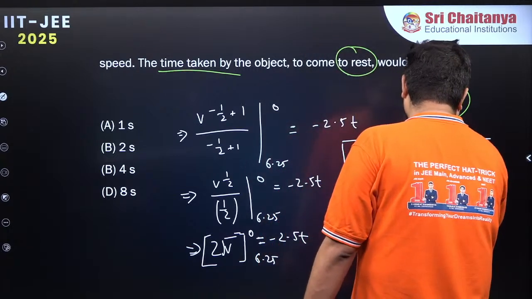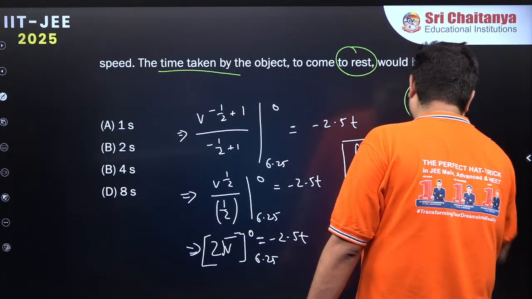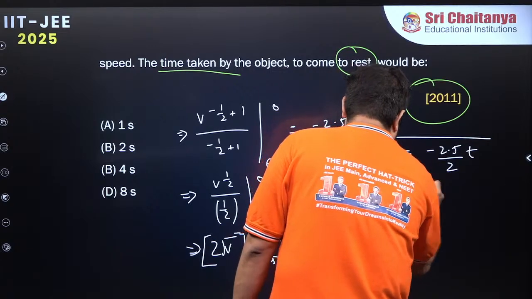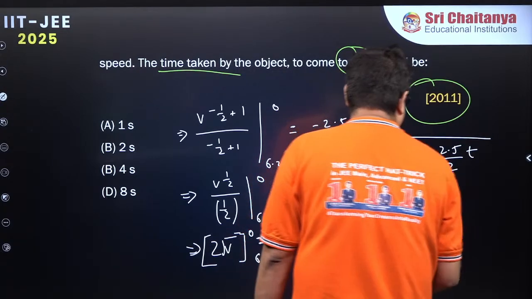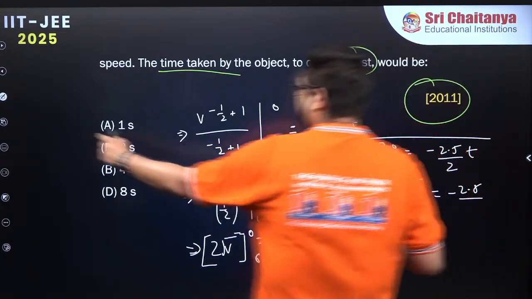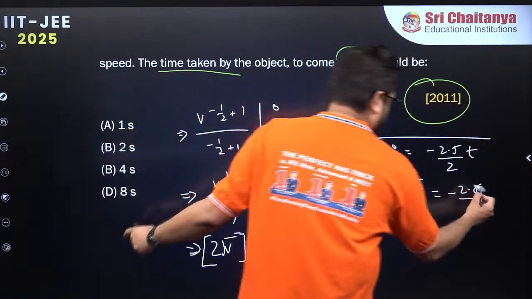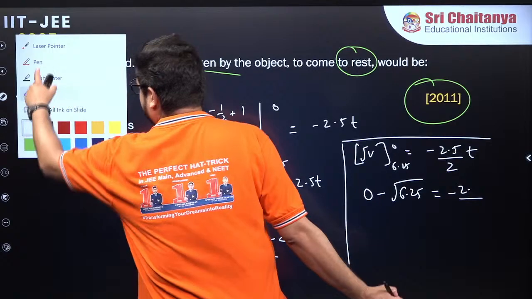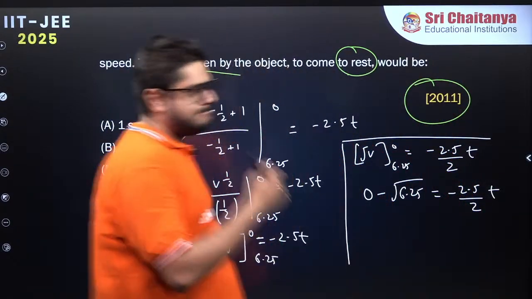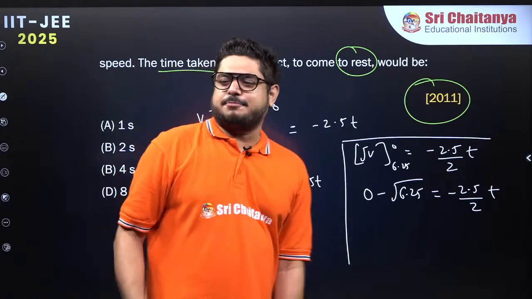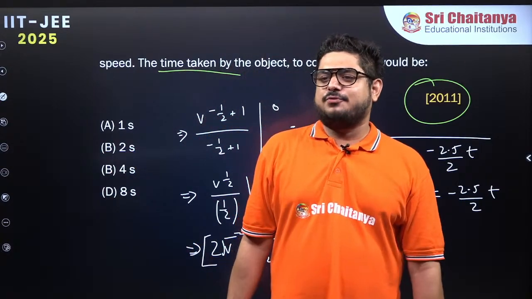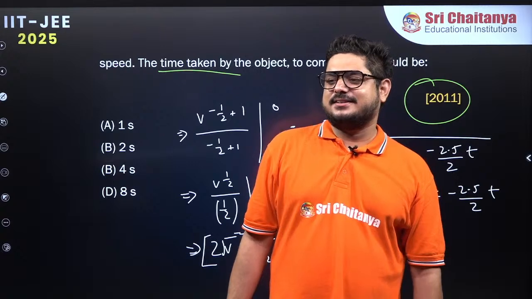So it's becoming minus of 2.5 by 2 into t. Put the values, upper limit 0 minus root of 6.25 is going to be equivalent to minus of 2.5 by 2 into t. So what is root 6.25? Write down the answer, everyone.